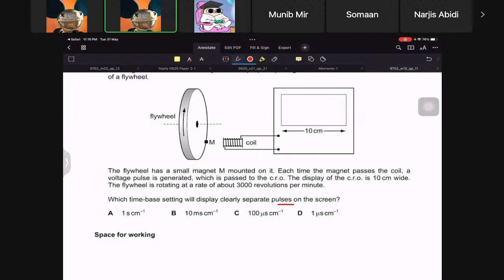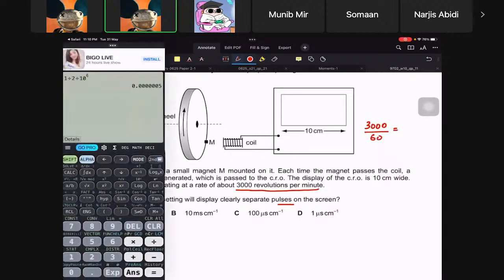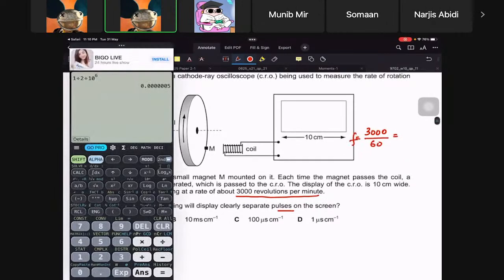Okay, fine. So we have 300 revolutions per minute. So 300 over 60 would be the frequency. So 3000 divided by 60 is 50 hertz. The time period will be 1 upon 50, which is 0.02 seconds.